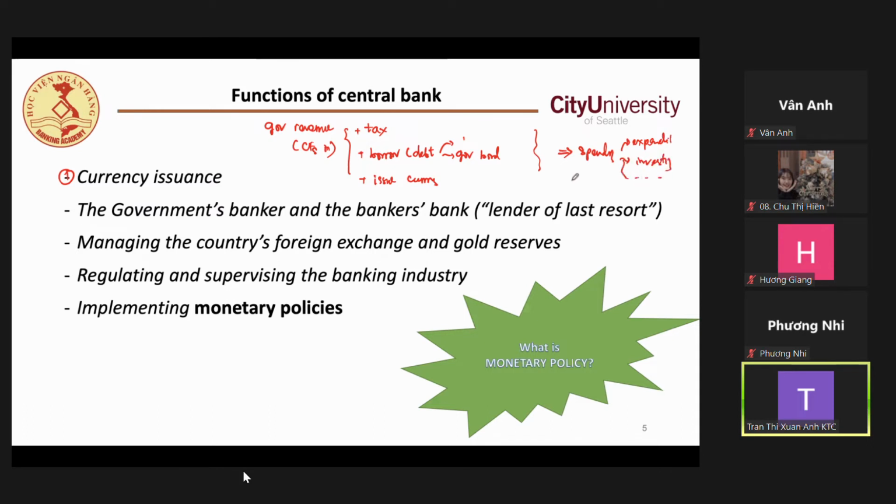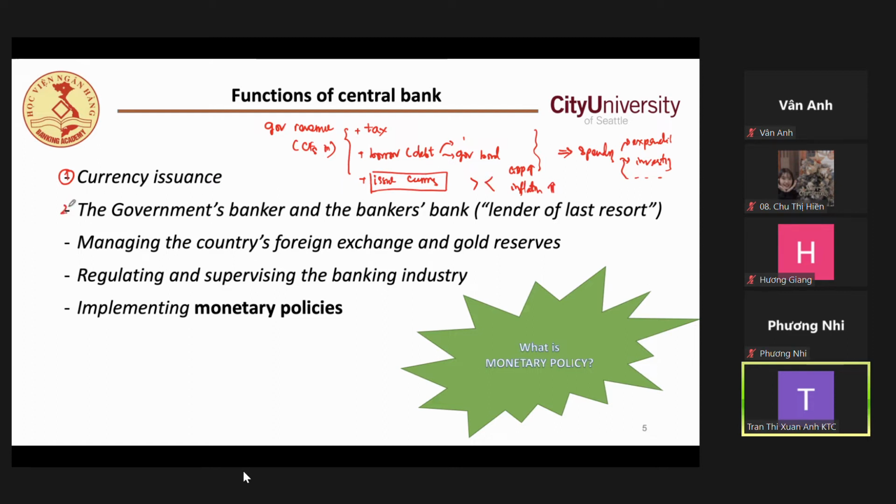So when the government issues currency to support the economy or spending purposes, the outcome may be that GDP goes up, but inflation rates may go up as well. That's why we need to balance these. One of the balances is that the central bank must be independent of the government, as I have mentioned before.